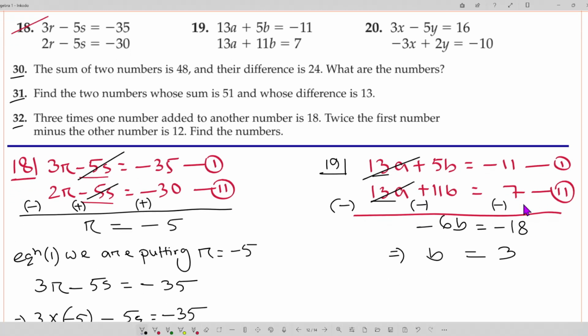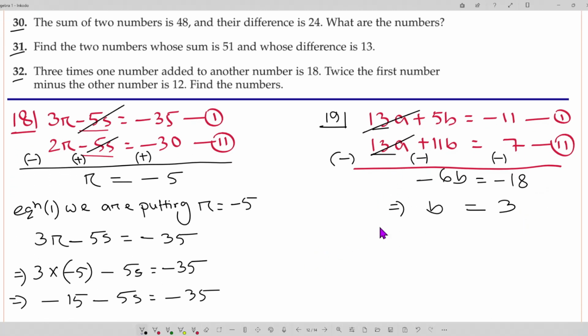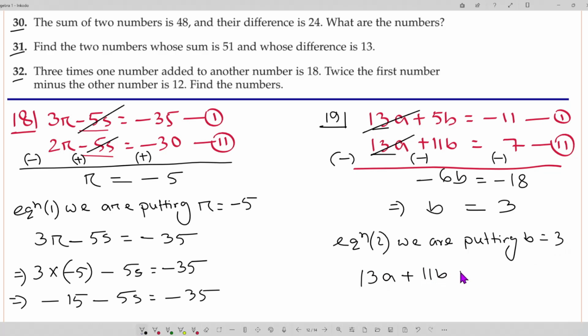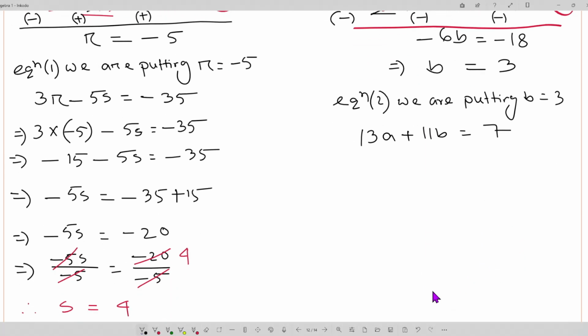Right? So this 3 we will put into equation 2. So in equation 2 we are putting b equals 3. So 13a plus 11b equals 7. Then 13a plus 11 times 3 equals 7.